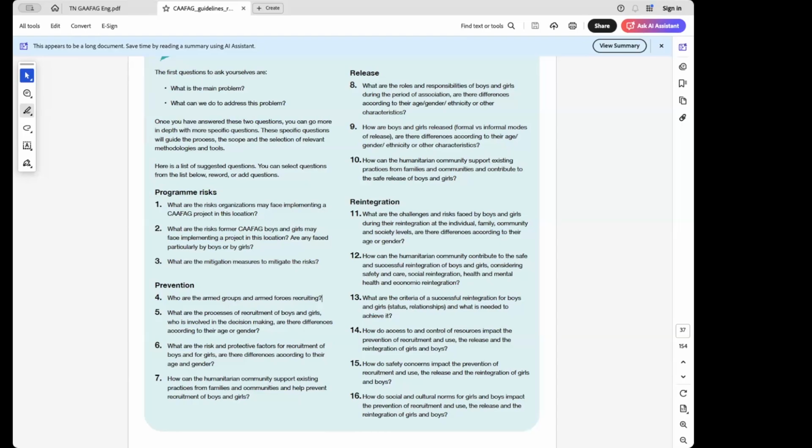And then a second barrier was, like I used the word before, buy-in from some of the humanitarian partners. This is the CAAFAG task force wanting their involvement in these early stages of trying to develop understandings and programs that would be needed. And they weren't getting paid to do it at this point in time, right?